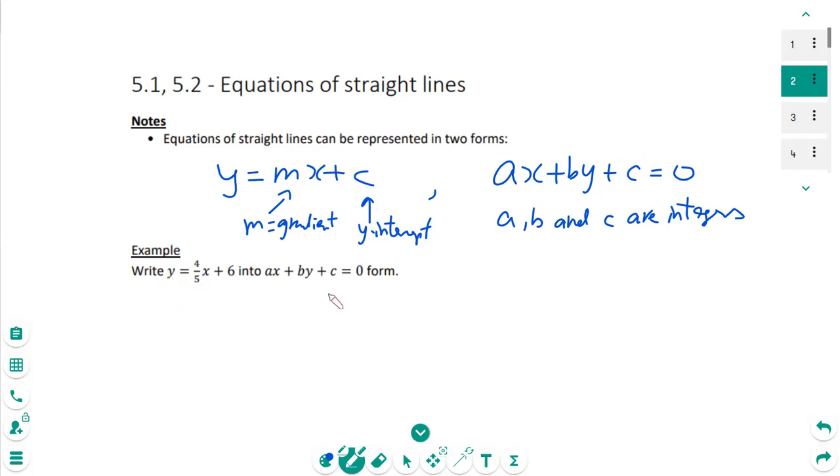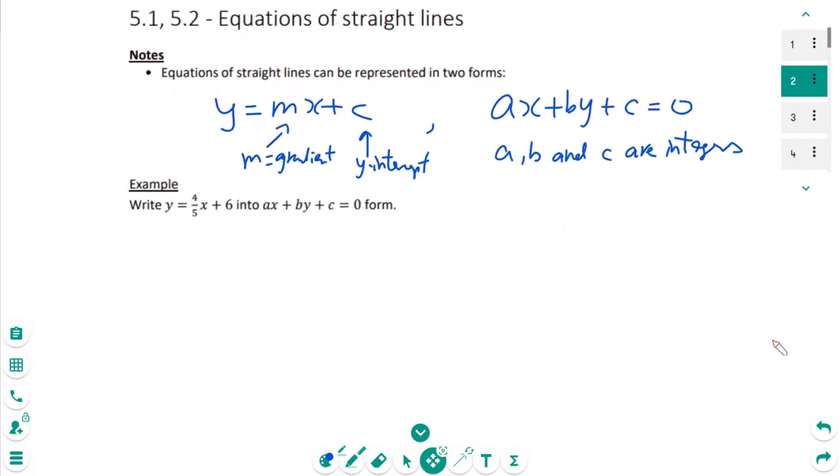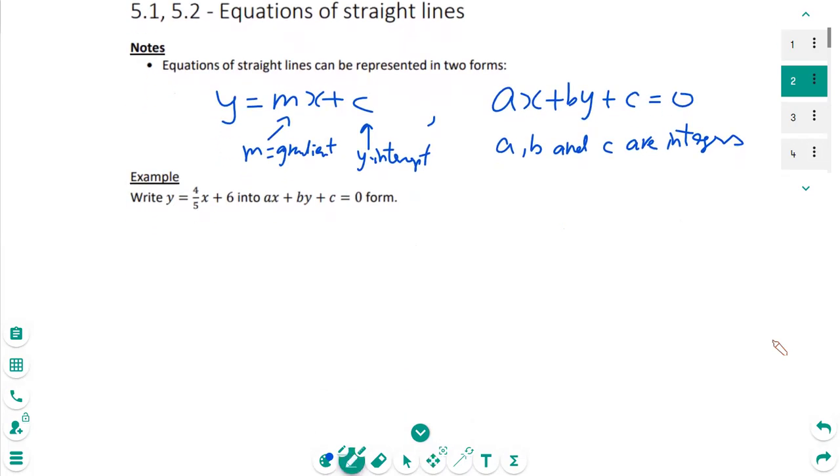Right, example: y equals 4/5 of x plus 6, into the ax plus by plus c equals 0 form. So we see the denominator is 5. What we're going to do first is, of course, copy the question. That's my little habit.